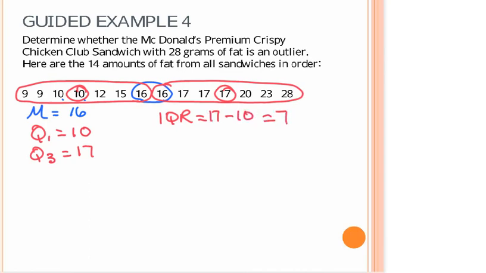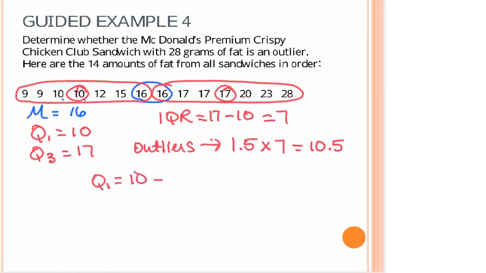So outliers would occur if you take 1.5 times 7. 1.5 times 7, handy dandy calculator, is 10.5. And we're going to take 10.5 below quartile 1. So quartile 1, 10 minus 10.5, is negative 0.5.